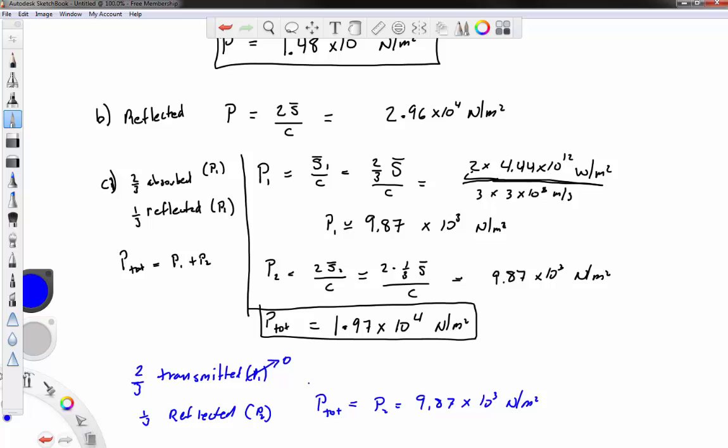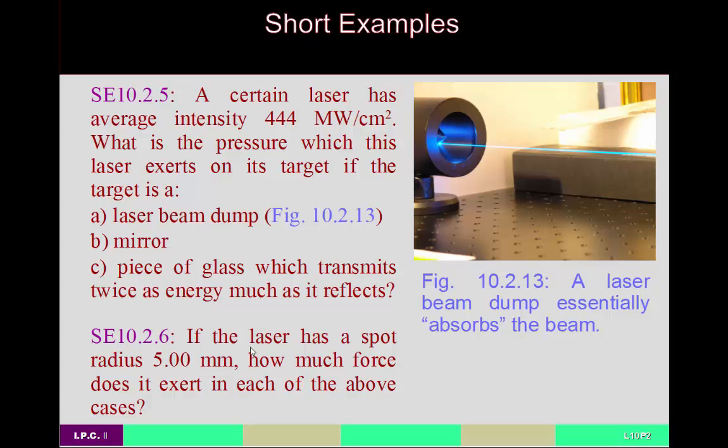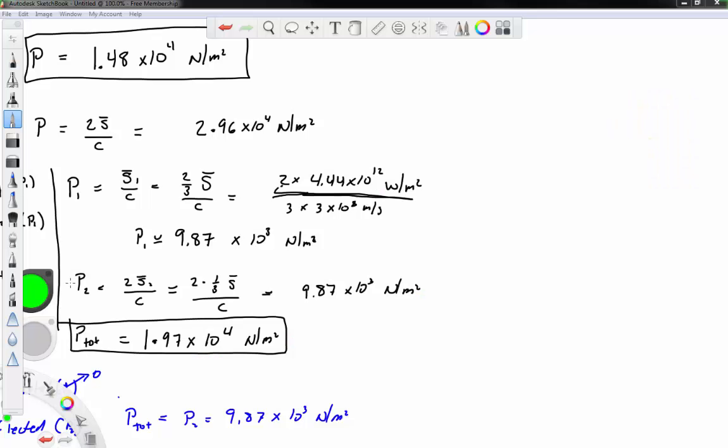So I want to do the next example, which is, if the laser has a spot radius of 5 millimeters, how much force is it actually exerting in each of the above cases? Well, force is given by pressure times area. And the area is going to be pi times the radius squared. So since the radius is 5.00 millimeters, that means that it is in fact 5 times 10 to the minus 3 meters.